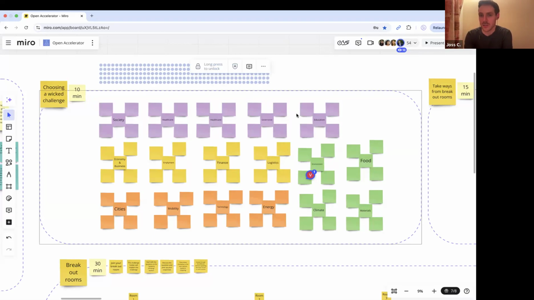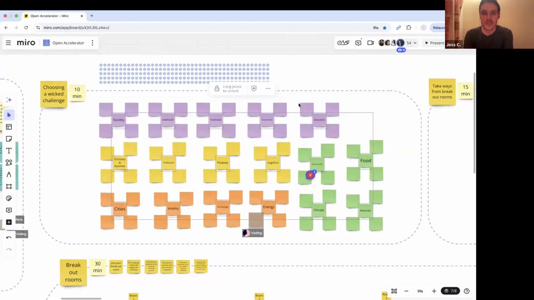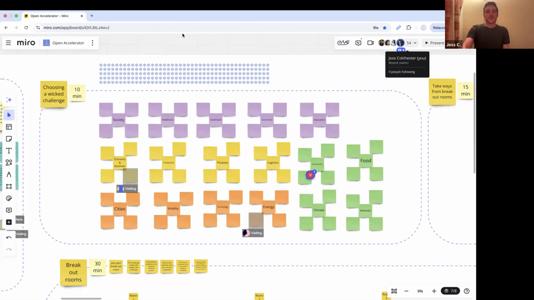If you think it's around education, put it up here, food down here, cities, mobility, and so on. Let's take maybe 3 minutes to do that, and then we're going to vote on those to choose the ones we all want to take into the breakout rooms. We have about 12 breakout rooms.